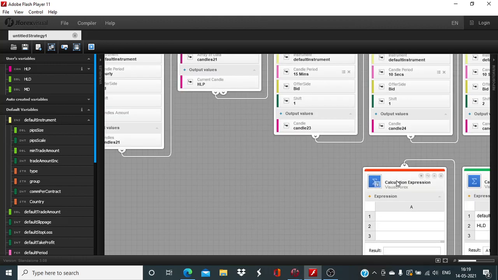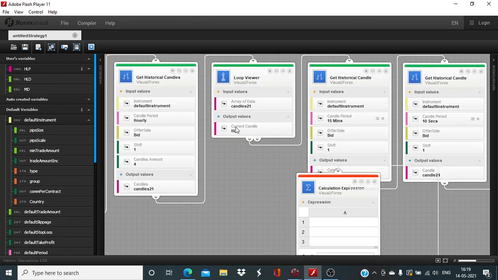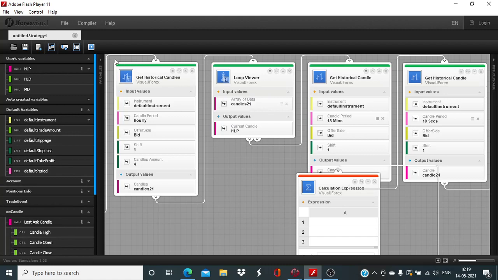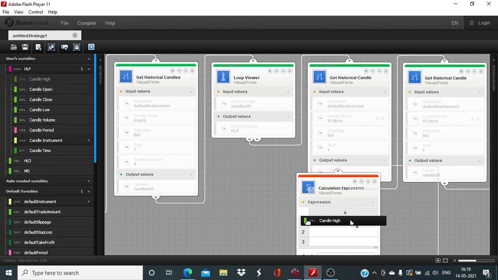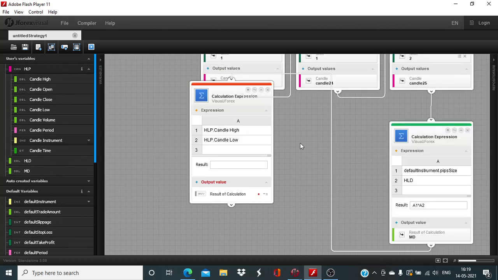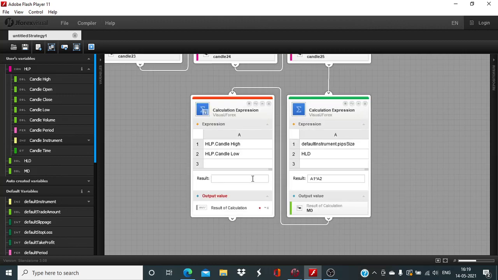and after that we have to look at the output values of this loop viewer. We will need to retrieve the individual component of this, the candle high and the low, and see what is the actual difference between the two values.